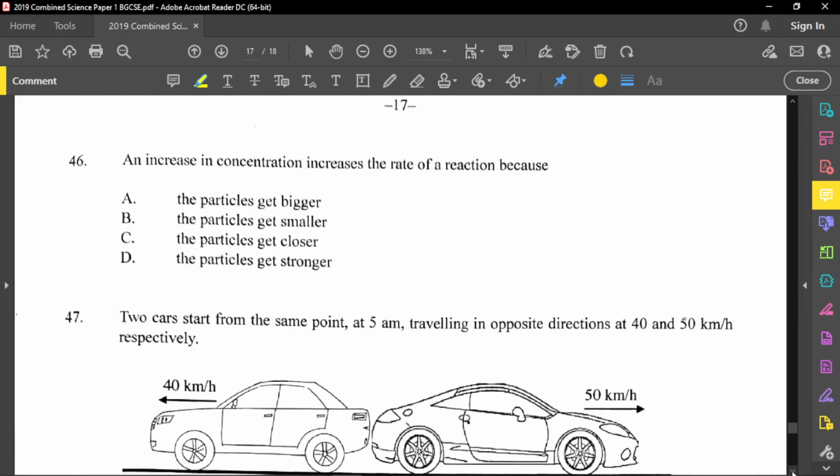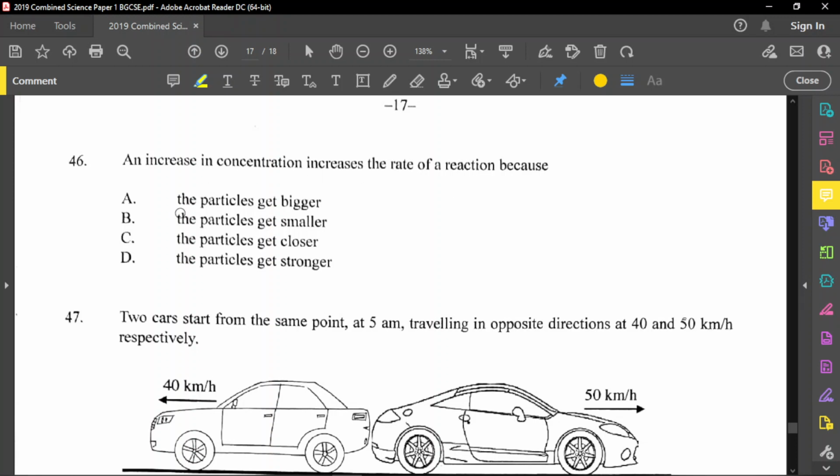Question 46: an increase in concentration increases the rate of reaction because of what? Remember, concentration is the amount of the substance within a particular volume. If you have more substance by increasing the concentration, you have more particles, and more particles means more collisions, which gives a greater reaction.